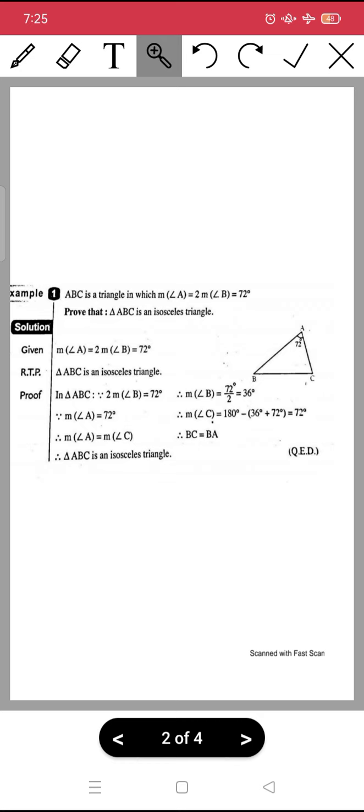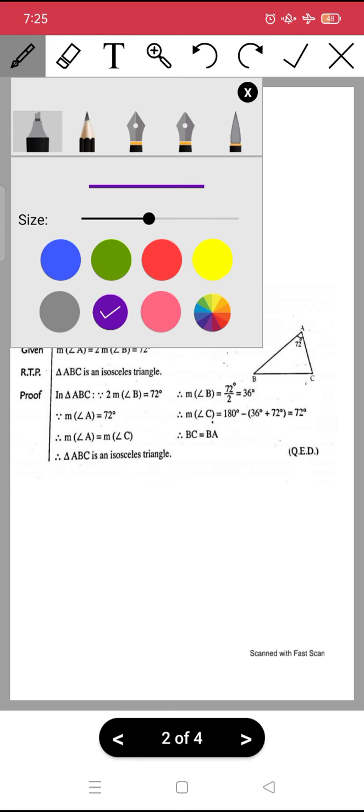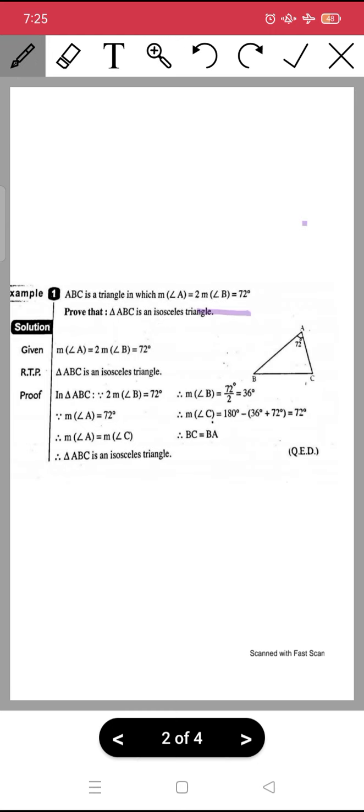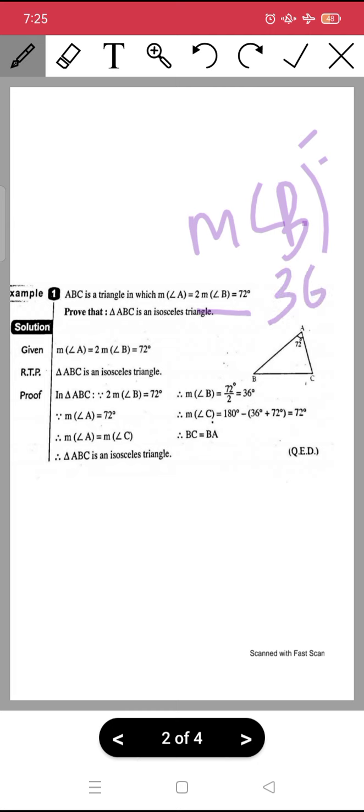Let's take an example. ABC is a triangle in which measure angle A equals 72 and double measure angle B equals 72. From this one, we conclude that measure angle B will be half of it, so it will be equal to 36 degrees. Prove that triangle ABC is an isosceles triangle.